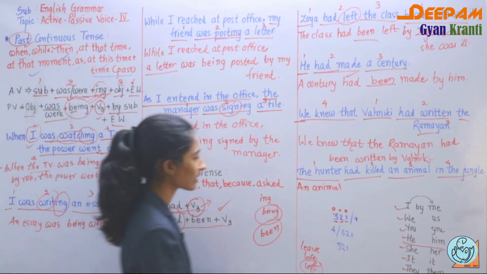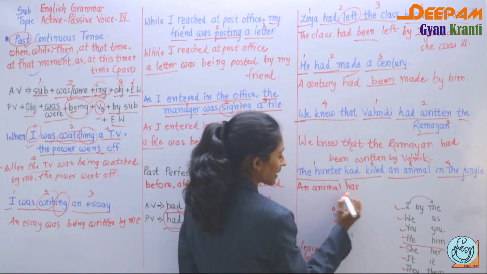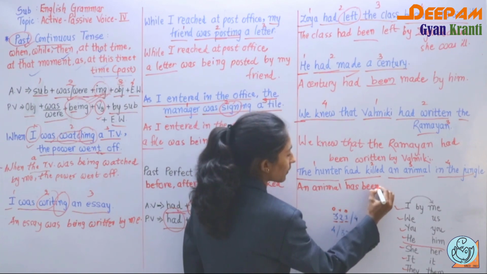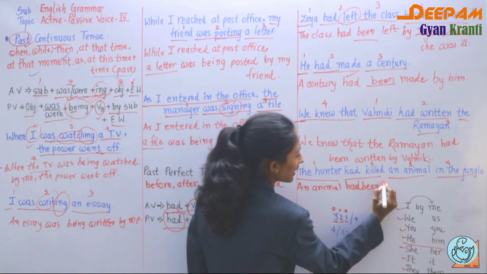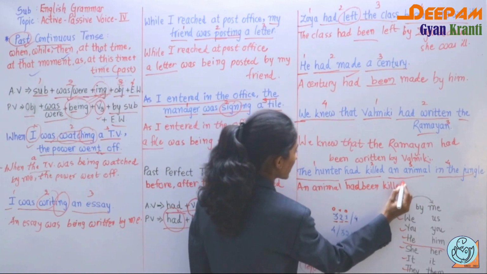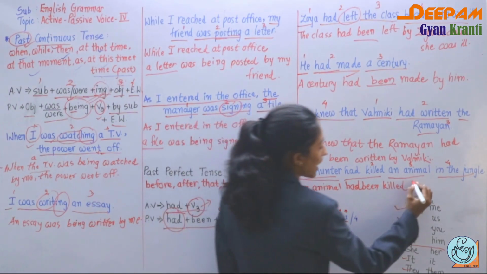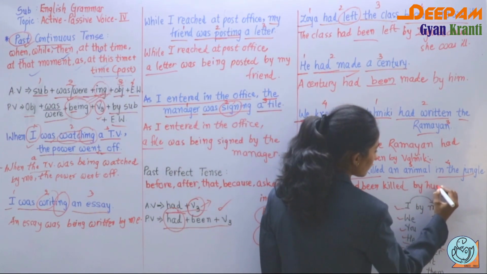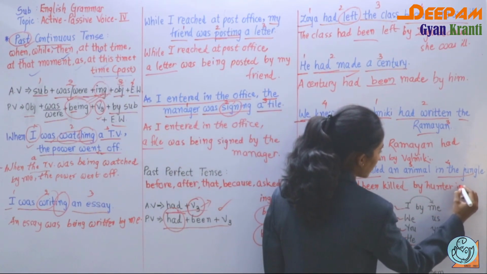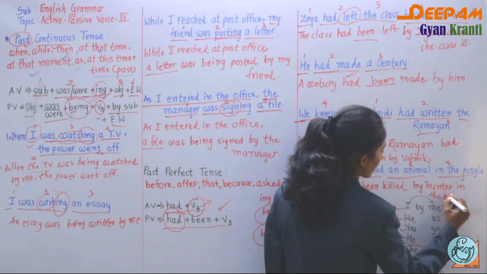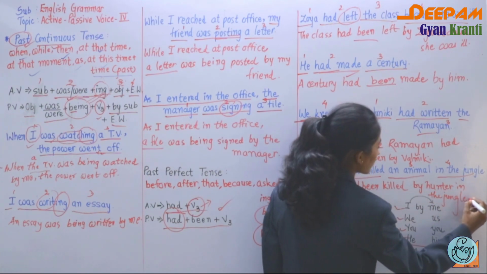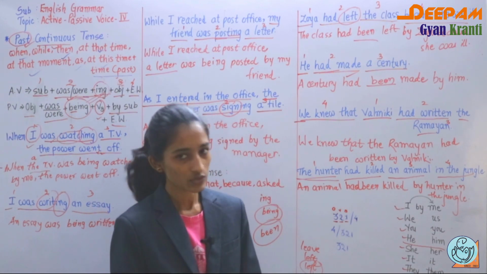So past perfect tense. So what is the answer for passive voice? So had been, then killed is already given, that is the past participle. First number means subject. So what we have to write? By the hunter. And then fourth number, in the jungle. Right. So this way you can change the active into passive.